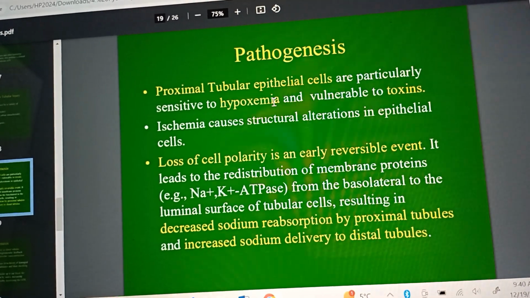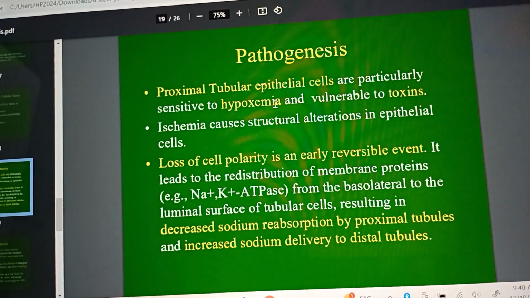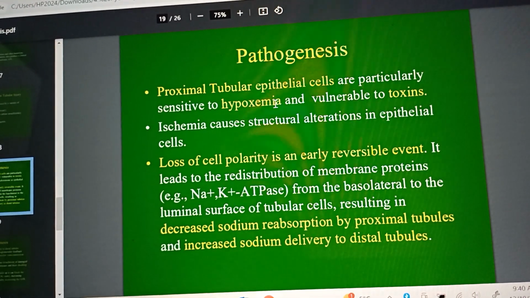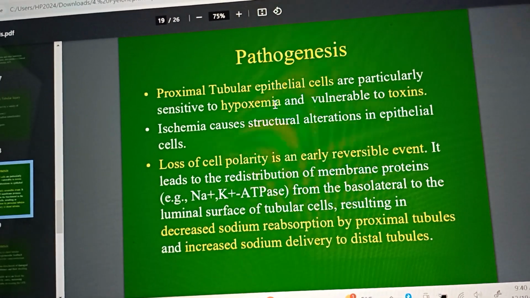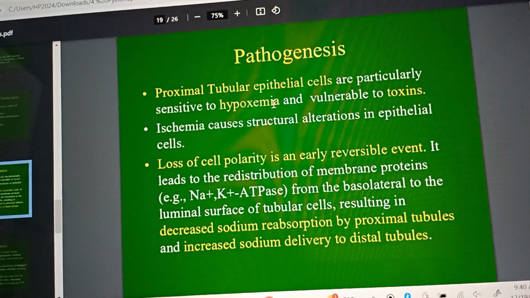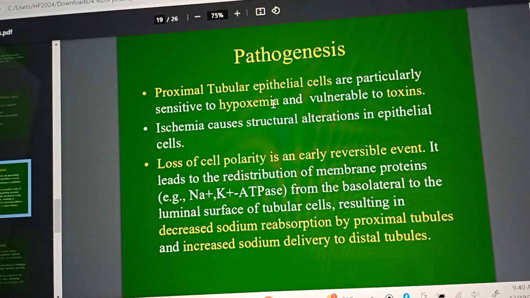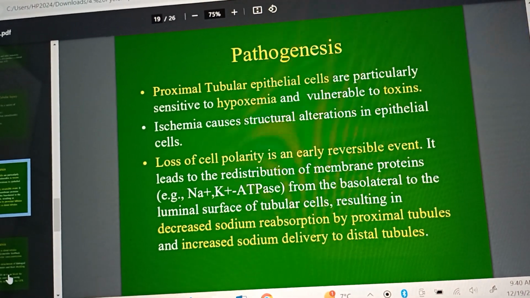The sodium potassium ATPase pumps are proteins present on the membrane. They have been redistributed and their position is changed. From basolateral, they have come to the luminal surface of the tubules. Because there was hypoxia or toxin, this redistribution happened in the sodium potassium ATPase pump. When the pump is not working, sodium is not reabsorbed, and it just goes to the distal tubules.